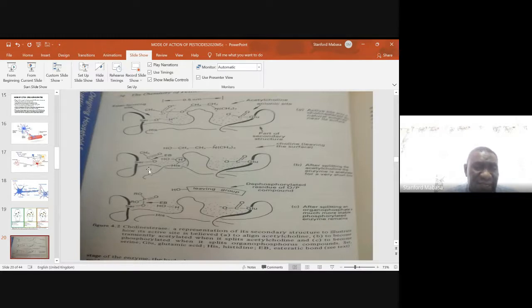Once at the second stage, there's now a bond, and the choline is released.